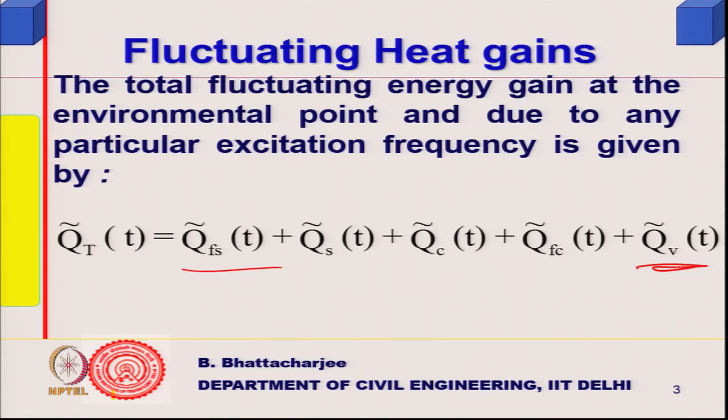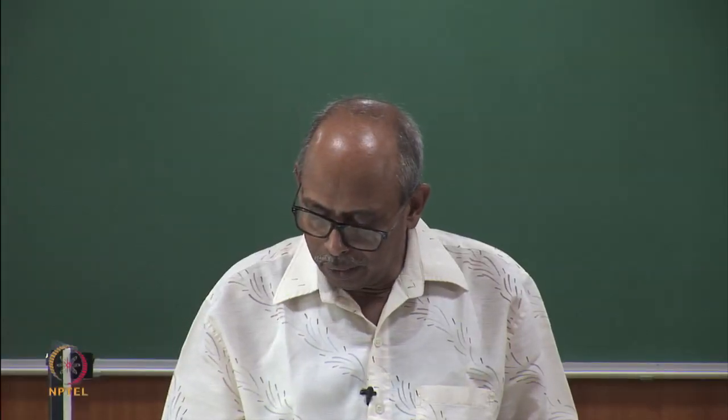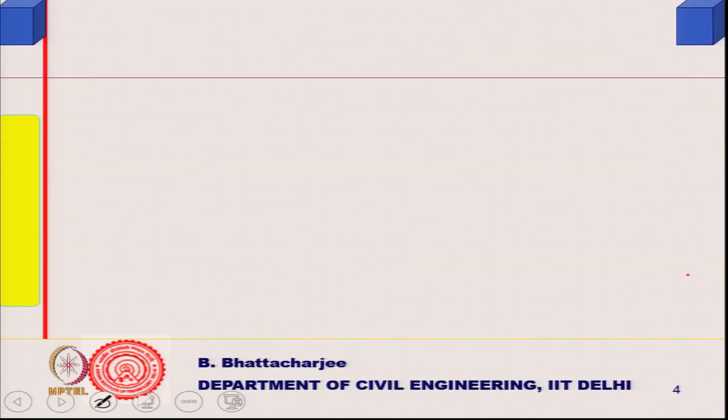We have taken the mean, we have not taken the fluctuating component so far. Then casual heat gain, solar heat gain, through the conduction gains and radiation from the opaque bodies, both. So, solar radiation through the glasses, all the fluctuation we have to take out. Each one of these terms, let me give an expression for all of them one by one.